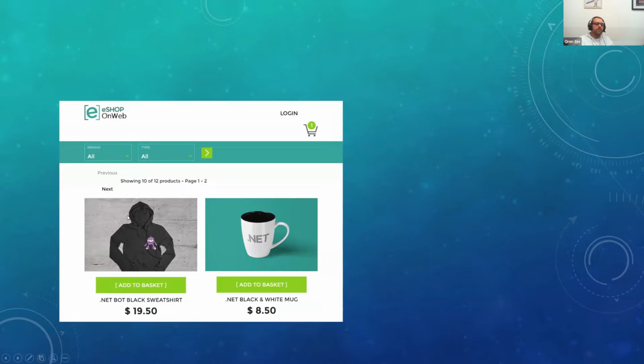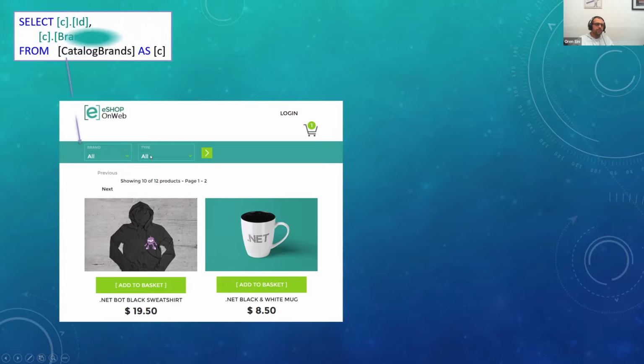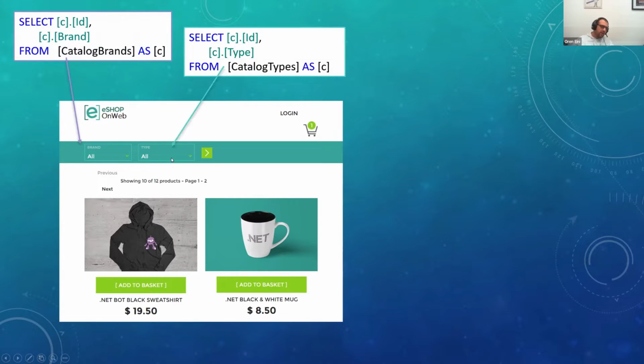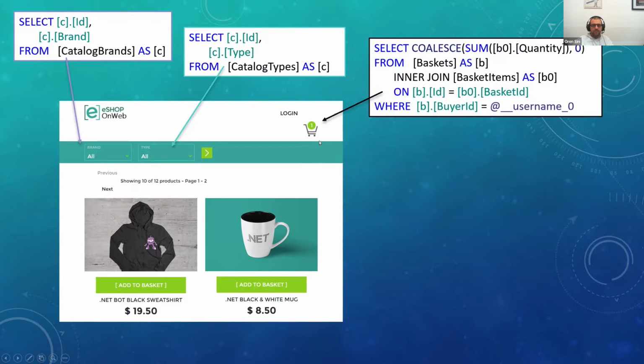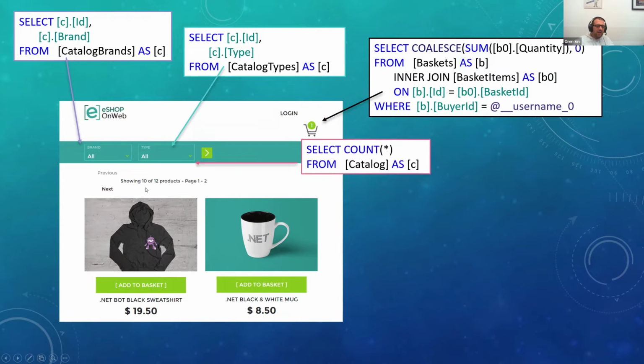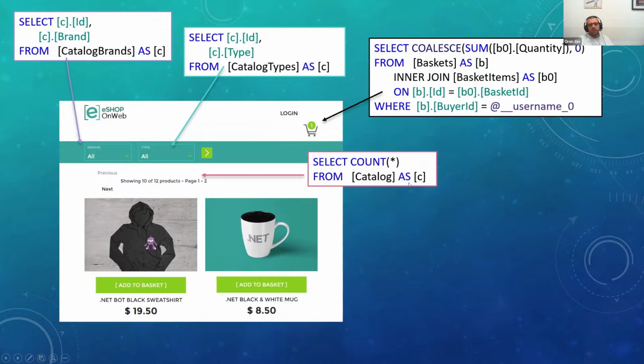So let's see. I'm assuming that here we have a list of all the brands. This is a query. And now this is probably another query. Oh, this is another query. Yeah, okay, it sums up all of the basket items. We have to get the total count of items in the catalog.